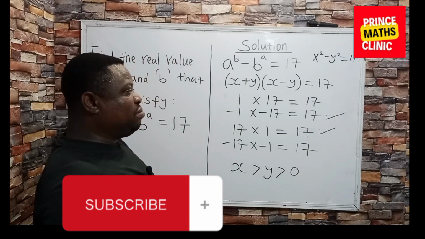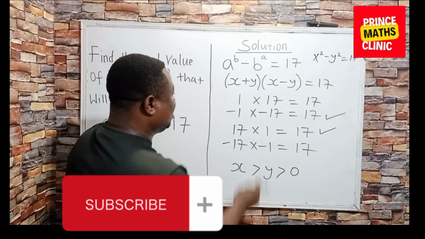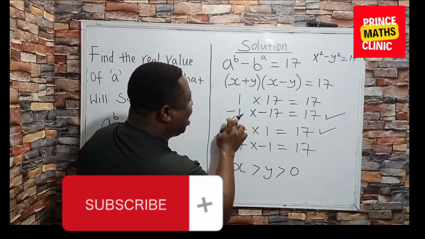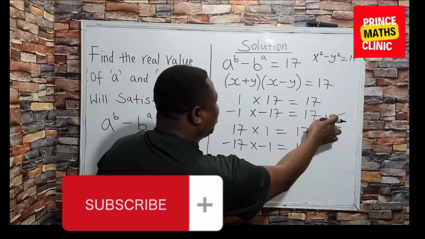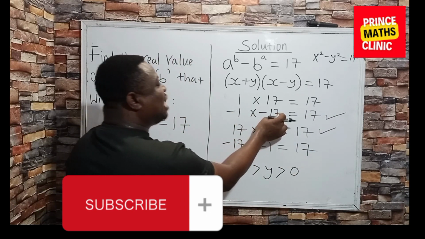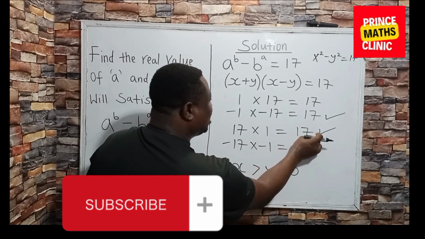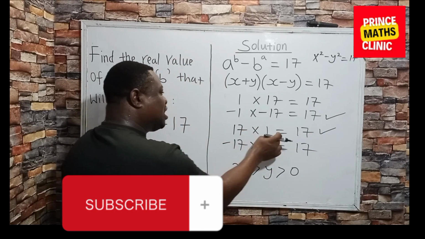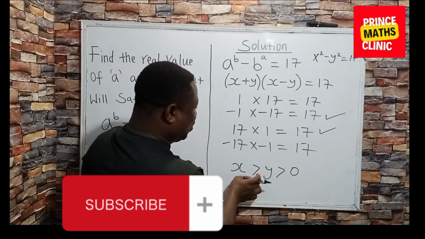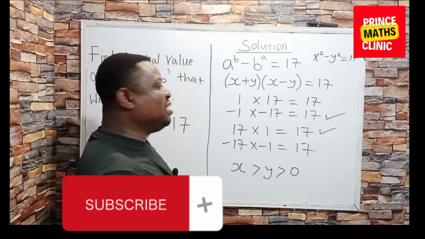Minus 1 times minus 17 gives us 17, because minus 1 is greater than minus 17. And here, 17 times 1 gives us 17, and also 17 is greater than 1.